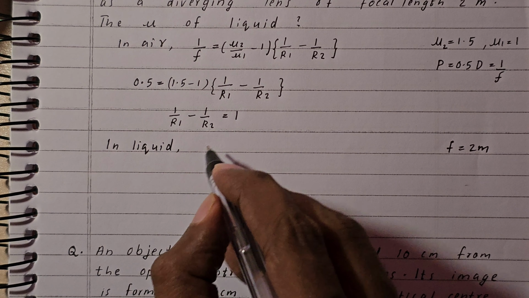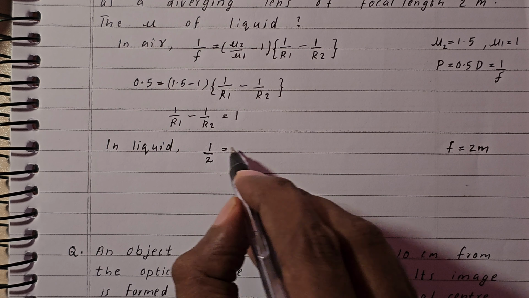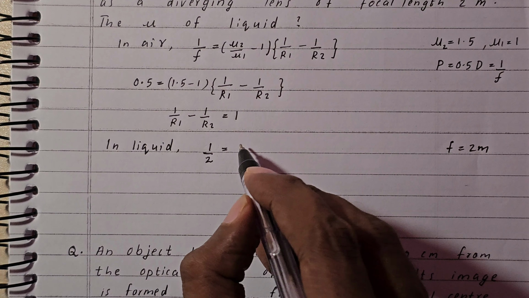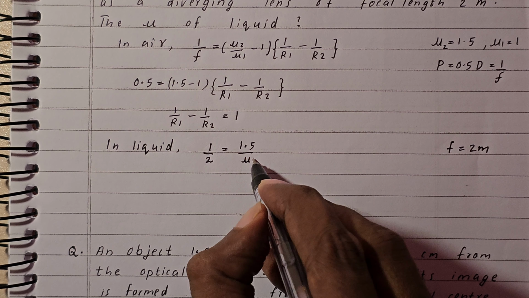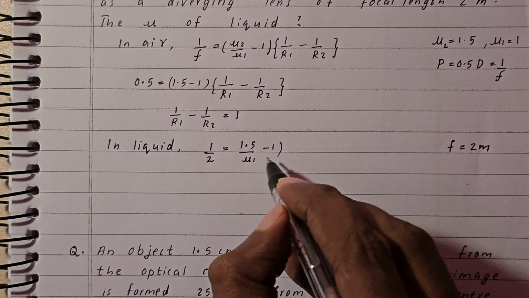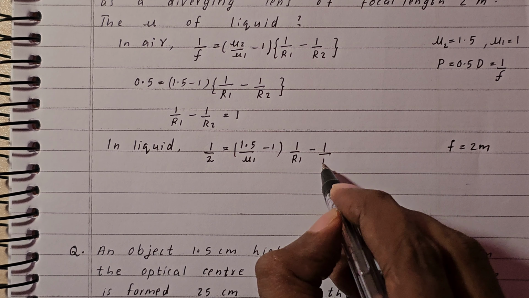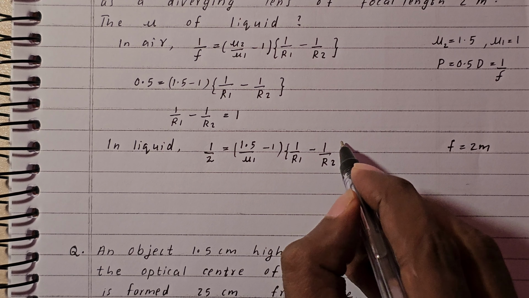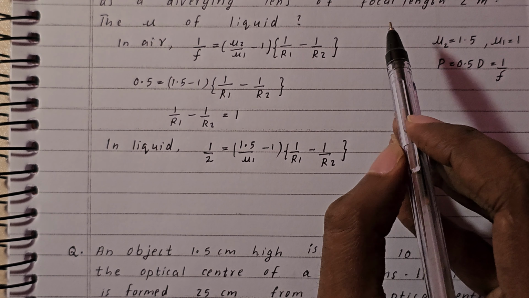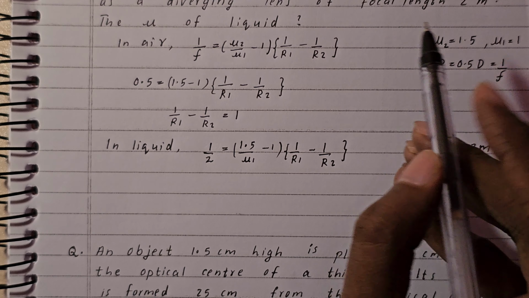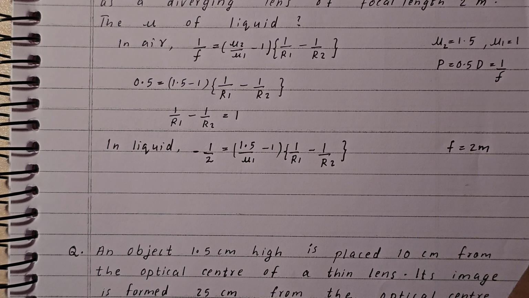So 1 upon 2 is equal to 1.5 upon mu 1 minus 1 times 1 upon r1 minus 1 upon r2. So here when the lens is immersed in liquid, it acts as a diverging lens. So focal length is minus 2.